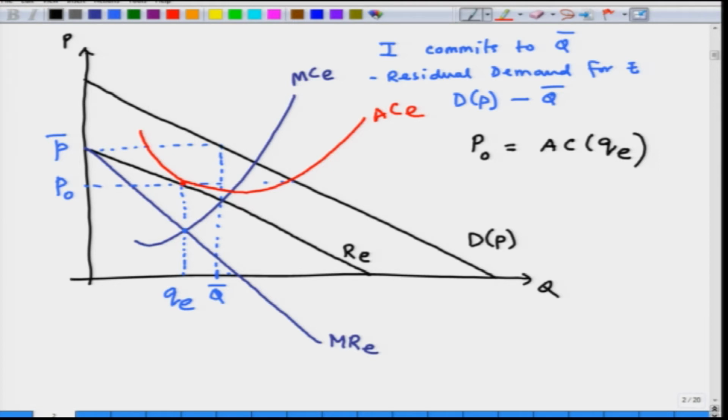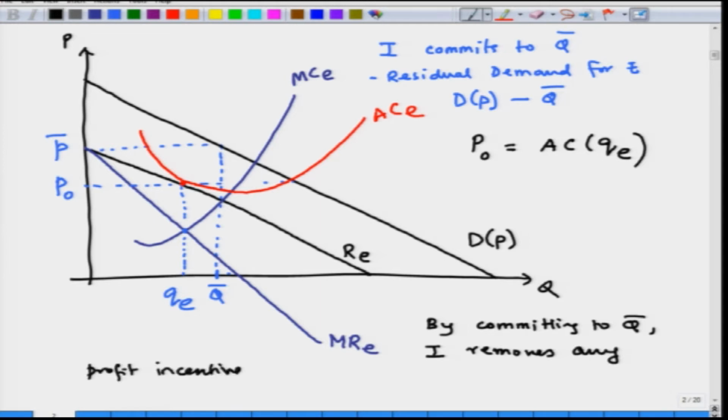So, by committing to Q bar, the incumbent removes any profit incentive for the entrant, right. By producing Q bar units, which leads to a residual demand curve RE for the entrant, based on this residual demand we calculate the marginal revenue curve for the entrant.